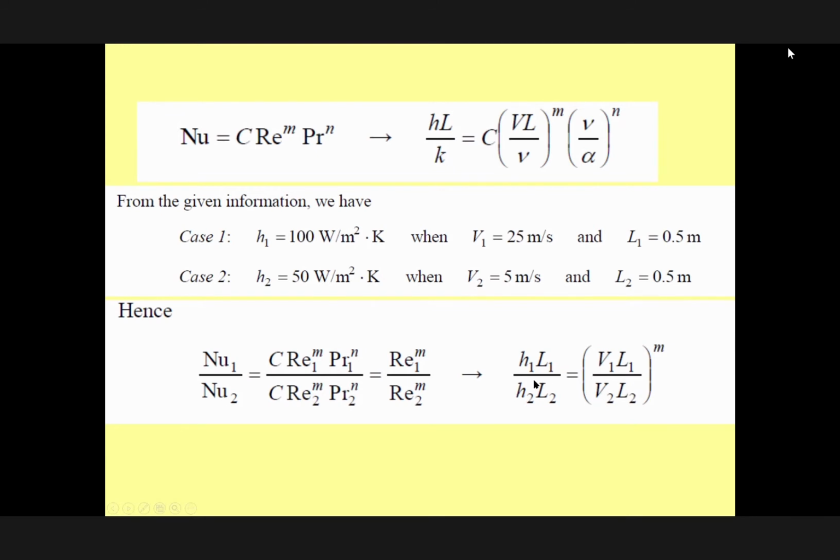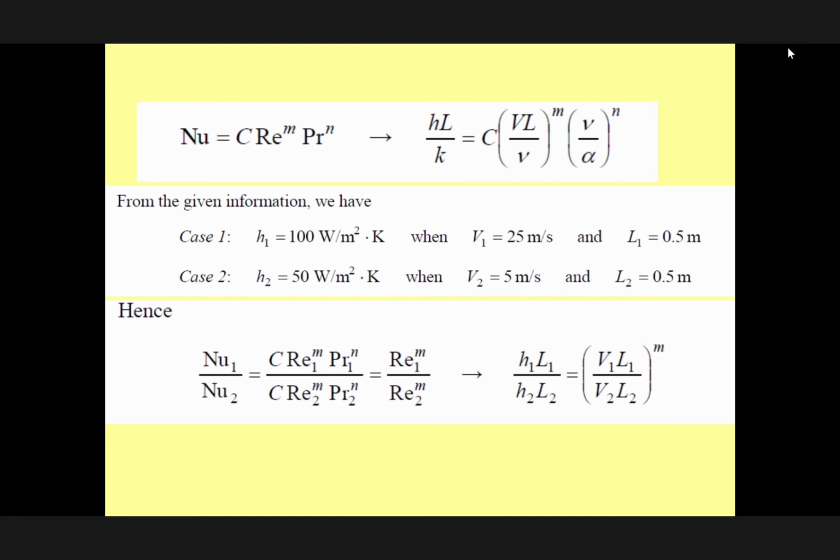The first thing I can do here, I can find the M, okay? Because I know H1, I know L1, I know H2, I know L2. Therefore, that's all of the things I know. From here, I can find them.